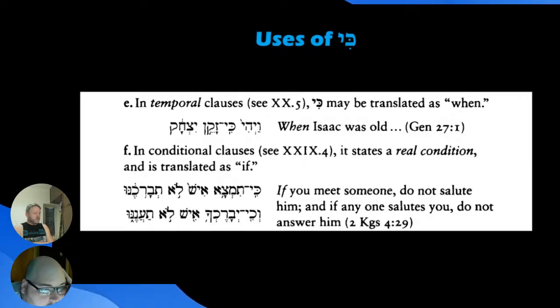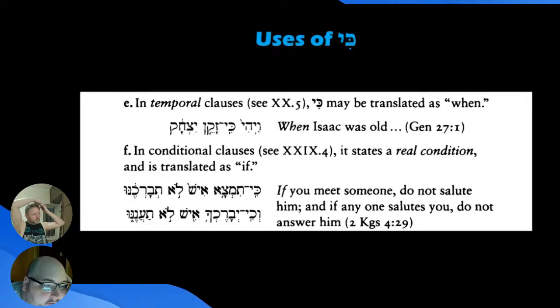In temporal clauses, ki may be translated as when. Vayhi ki zaken Yitzchak. When Isaac was old. Genesis 27:1. In conditional clauses, it states a real condition and is translated as if.